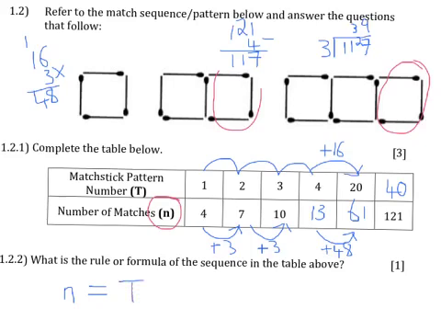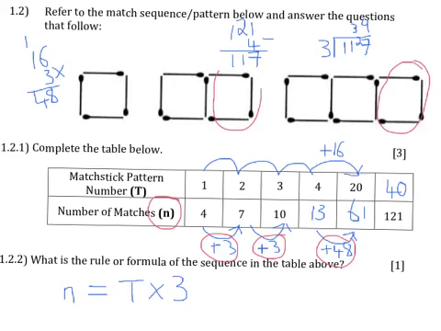The matchstick pattern changes: it goes 1, 2, 3, 4. We can have any matchstick pattern we want, and based on that, we want to know how many matches there are. So those two things vary together. The most obvious link we've already identified is this multiple of 3. So mathematically, I know that there is some kind of link where it's a multiple of 3.